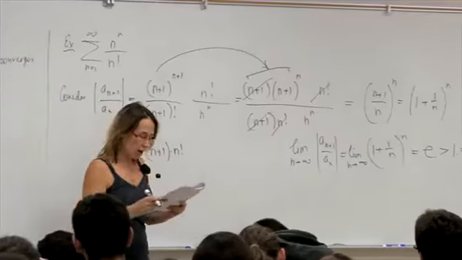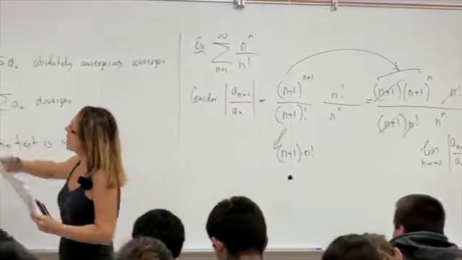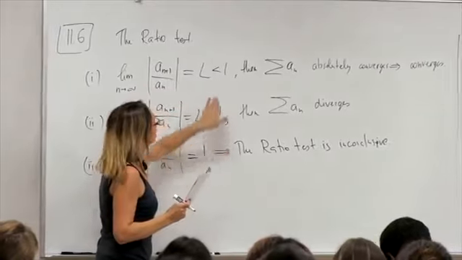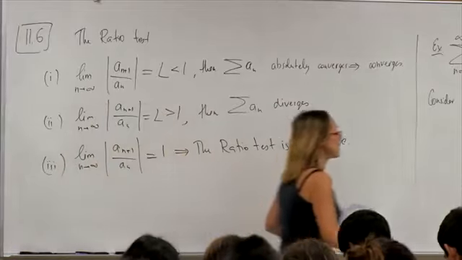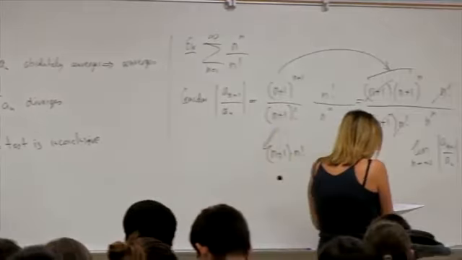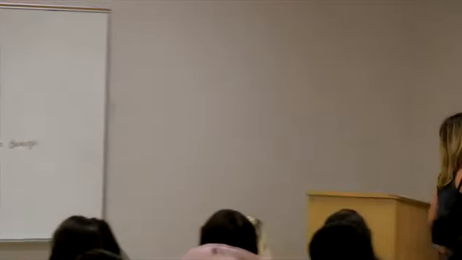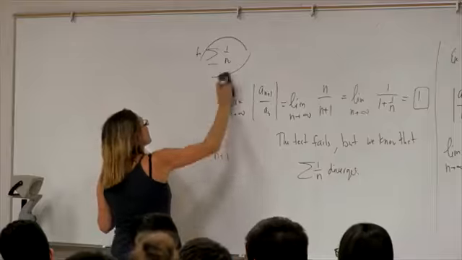Okay, very good. So one more test, which is almost like a twin brother of this. We're again going to look at 3 cases and compare the limit with 1. Okay, but the left-hand side looks slightly different. And I'll show you why we sometimes want to use this different version of the test. So the second test is called the root test.